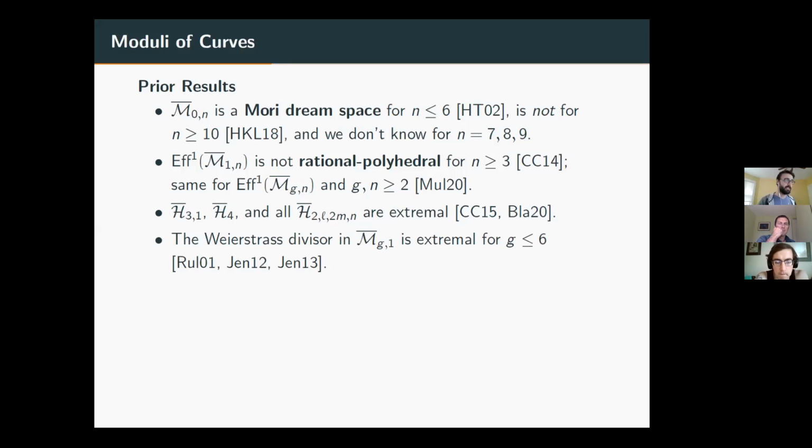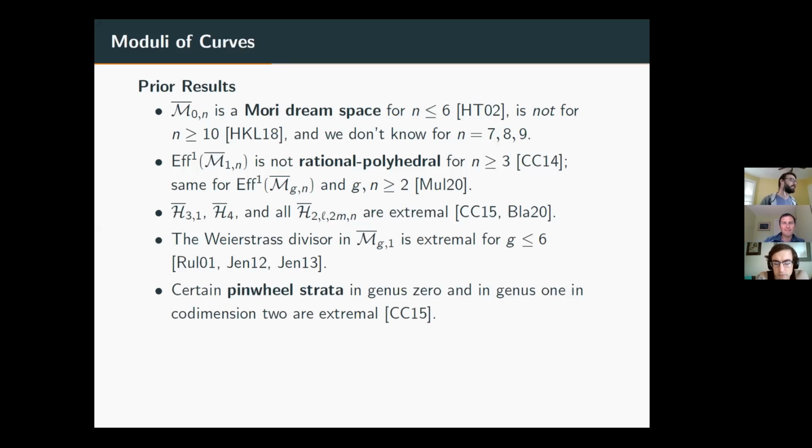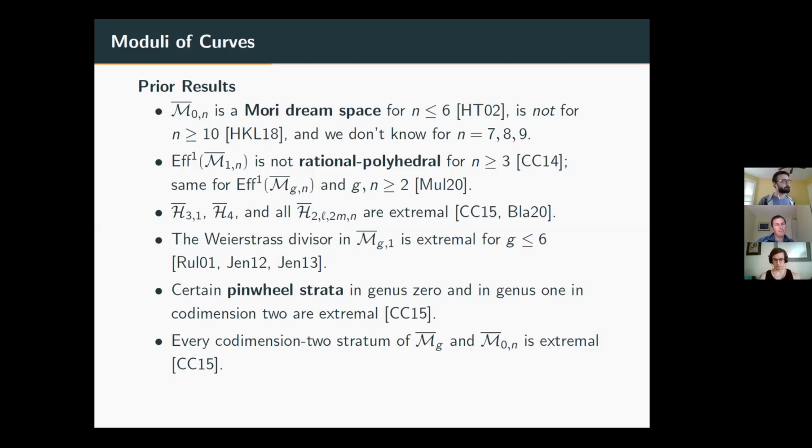The Weierstrass divisor in low genus is extremal, and this is Rulla, Jensen, and Jensen. Certain pinwheel strata in genus 0 and genus 1 are extremal, and pinwheel strata are just particularly nice rational curve strata. Certain genus 1 codimension 2 pinwheel strata are extremal. Every codimension 2 stratum of M_g and M_{0,n}.